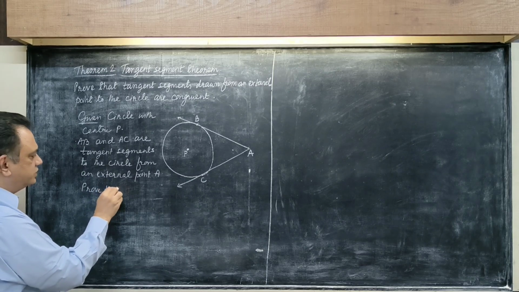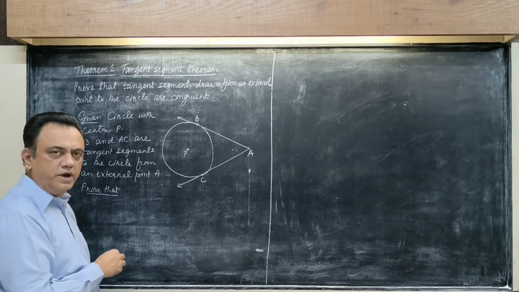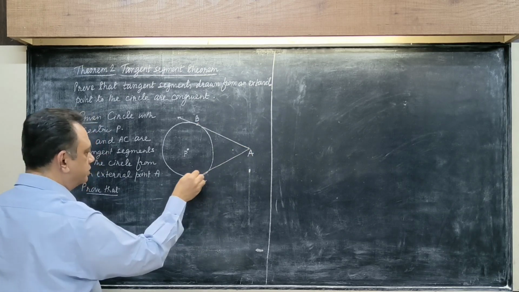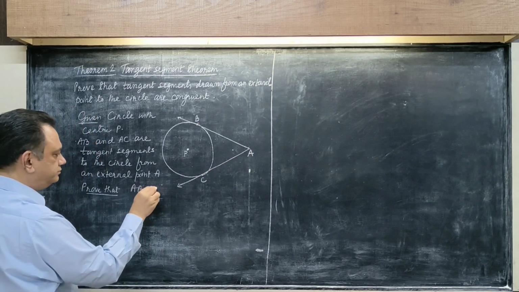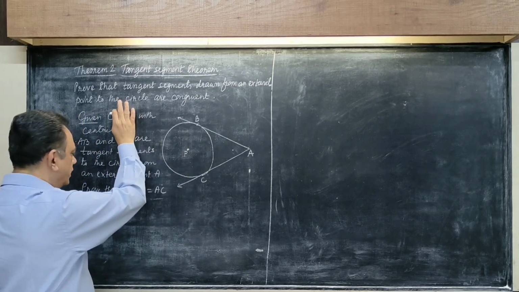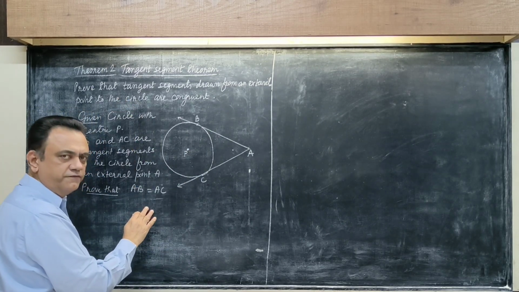That these tangent segments are congruent or equal. That is, AB is equal to AC. Diagram given. What to prove?